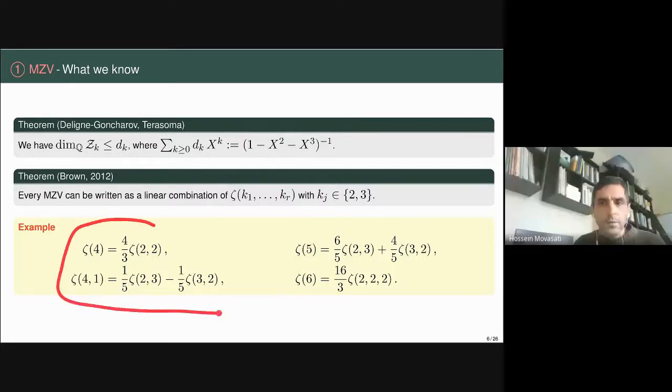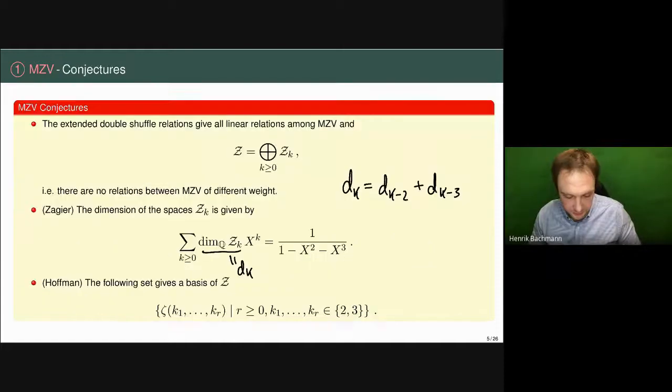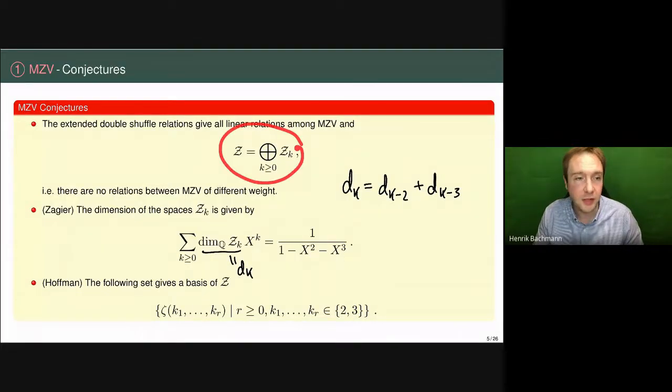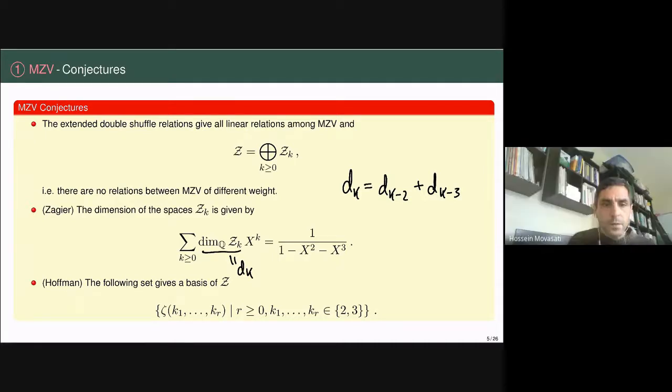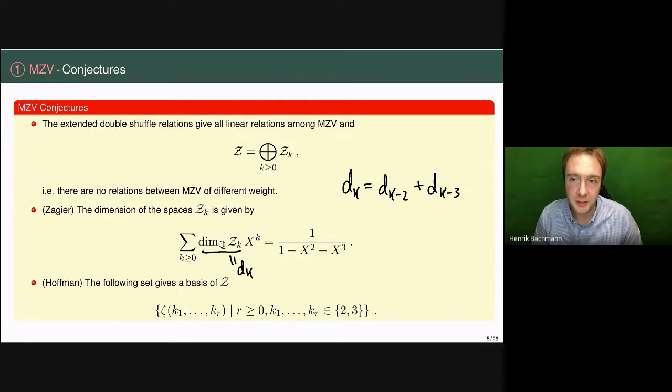Henrik, the irrationality of zeta 3 follows from the conjecture or from one of the theorems? I'm just wondering. Yes. So if this conjecture here is true, for example, if we know that we don't have relations in different weights, then this would mean that all odd zeta values are transcendental. Because if they weren't, then they would be a zero of some polynomial.